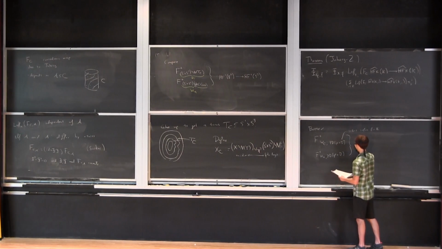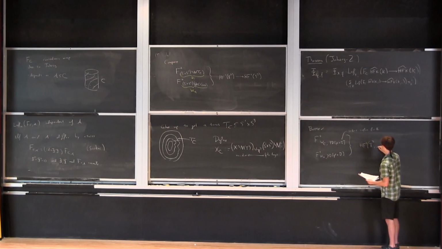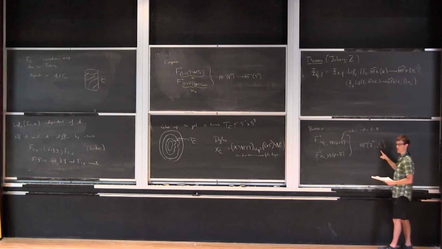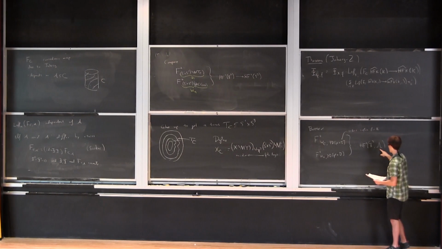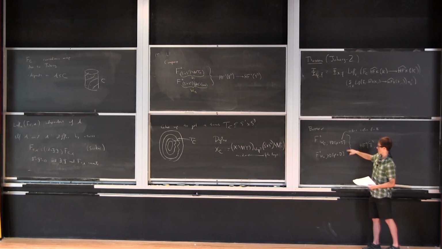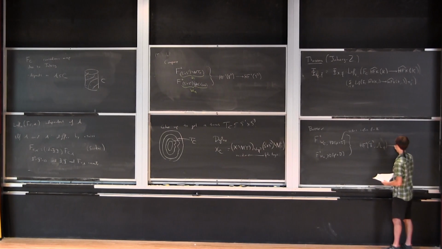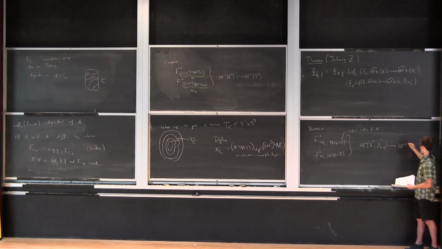And so these both go from HF plus of T3, but now we have to use twisted coefficients in the domain. And so we're going to twist by the restriction of these two classes to T3, which we'll just assume is a fixed class. I'll just write eta for that. And then it'll go from this to HF plus of S3.